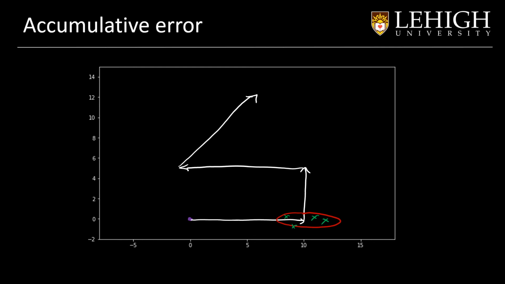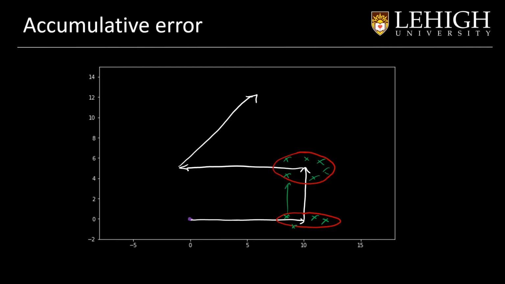If we move again, we will have an error around this ellipse, because if the robot was in this location and it moves, now it will be here or maybe here. And if we combine all of them, we will have something like this.